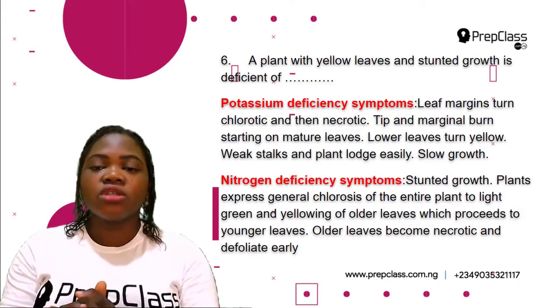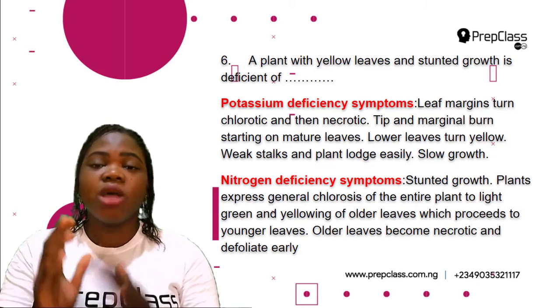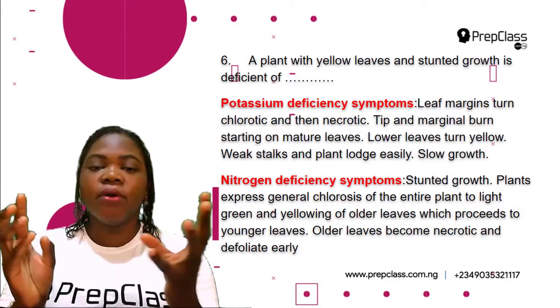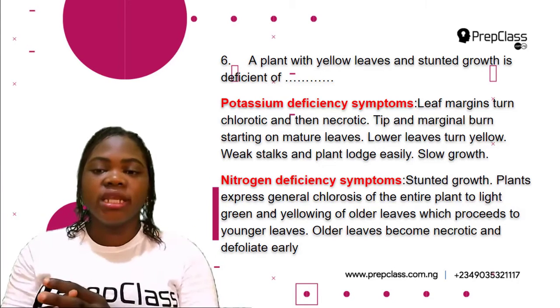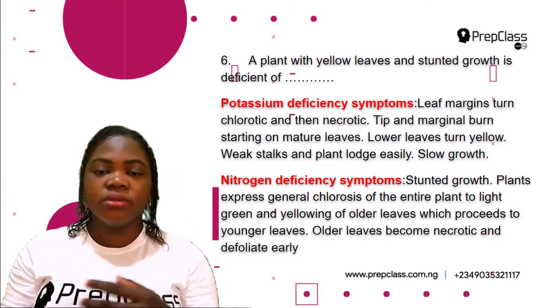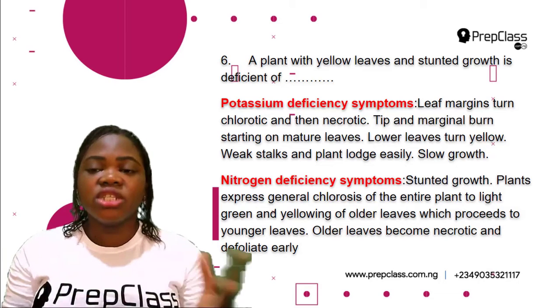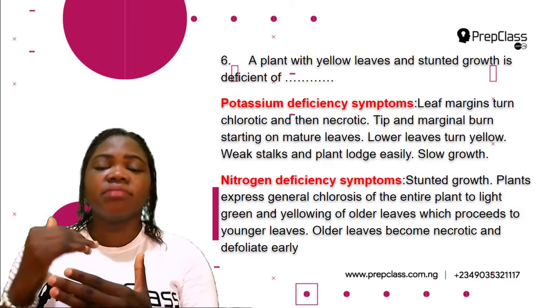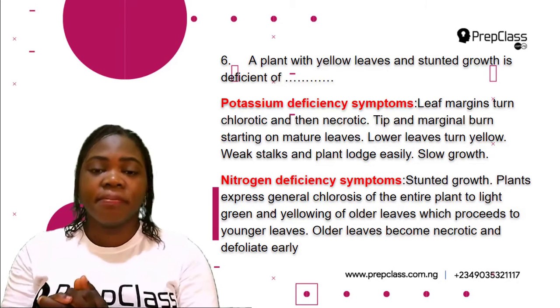And then the leaves also turn necrotic, that is the death of leaf tissues. Then the tip and marginal bone starting on mature leaves, lower leaves turn yellow, weak stalks and plant lodge easily, and there will be slow growth of the plant. So these are all the symptoms of potassium deficiency in plants.